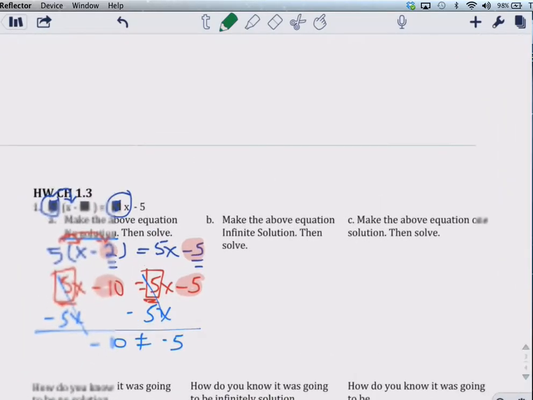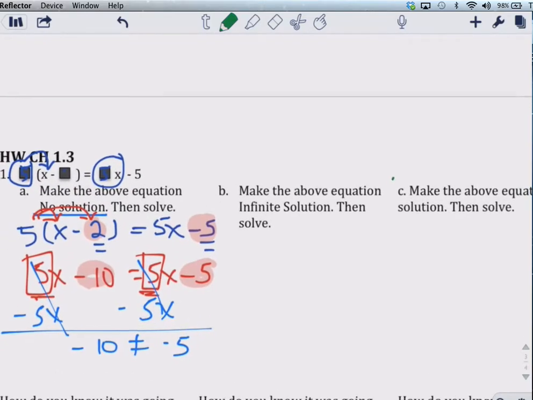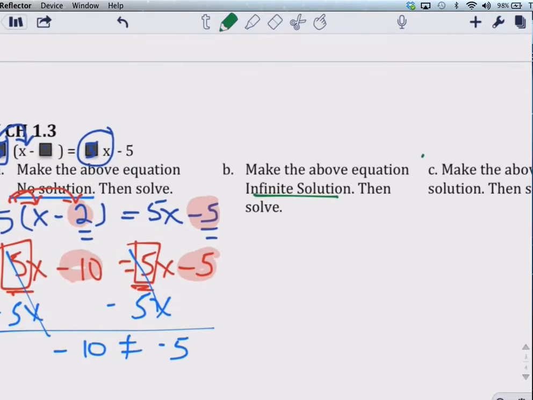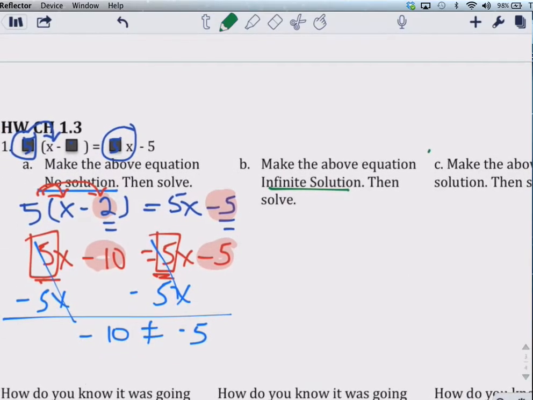Okay, let's make this problem infinite solution. The coefficient needs to be the same, just like the no solution. So let's make it 4.